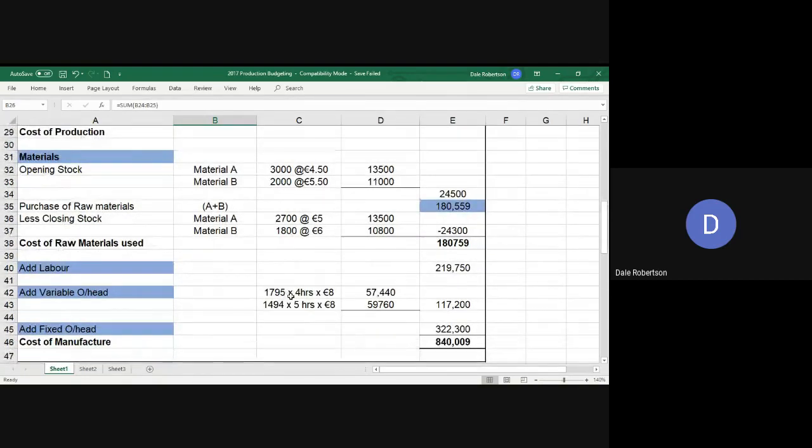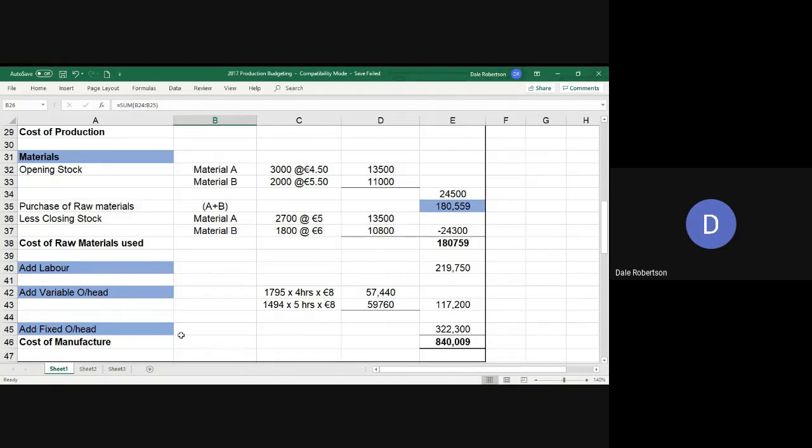The variable overheads are again per hour, but it is €8 per hour. So it is 1795 by 4 hours by 8 for the basic, and it is 1494 by 5 hours by 8 for the deluxe. You combine the two of these together to get 117,200.